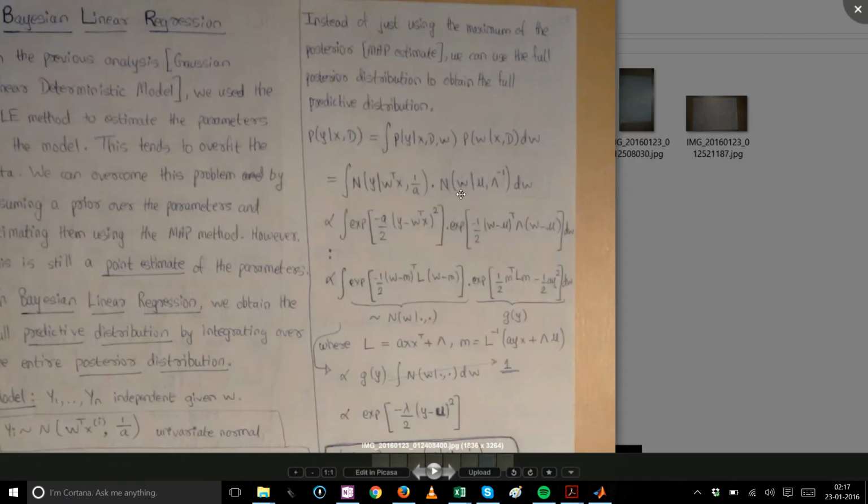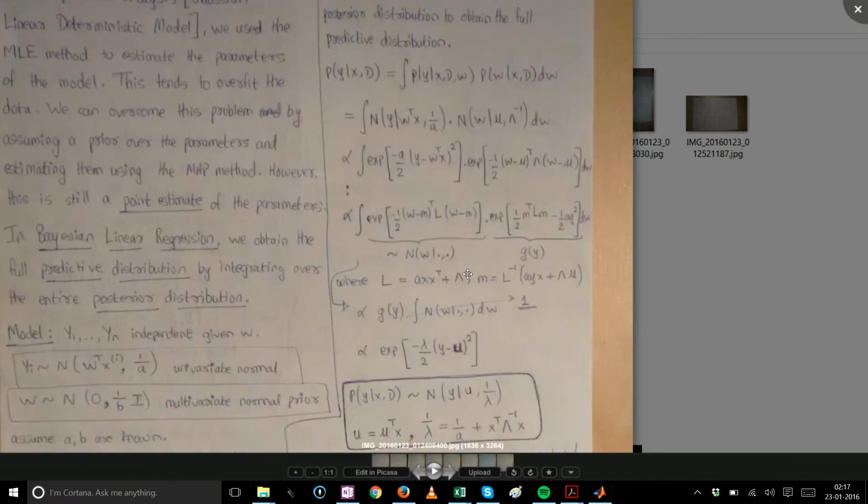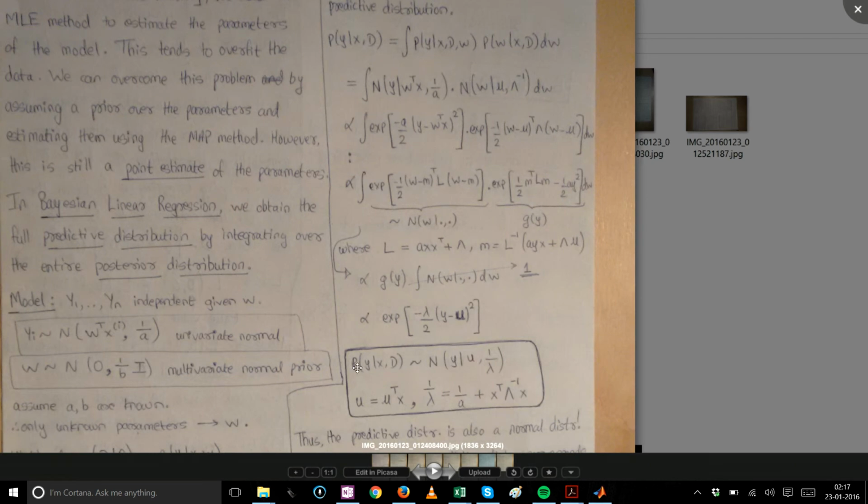And then we can compute the product of these two normals. We do some linear algebra, and then finally we end up having again the predictive distribution as a normal distribution with a certain mean u. So this is the predictive distribution on y, which is a real number.